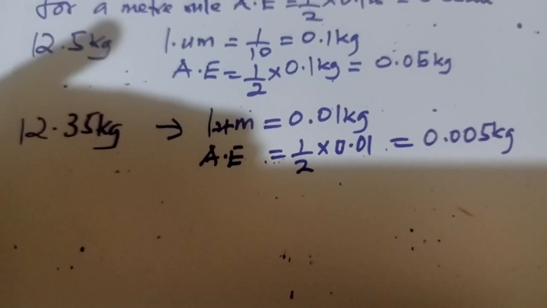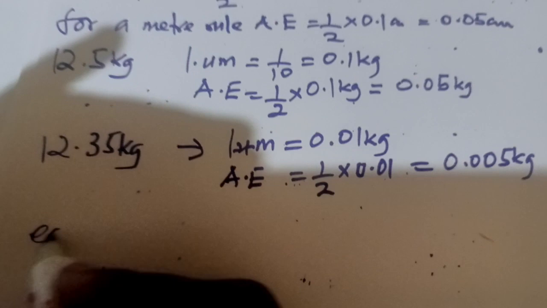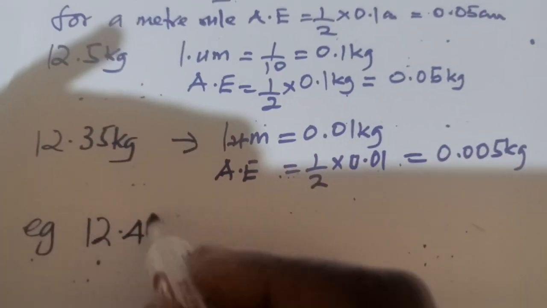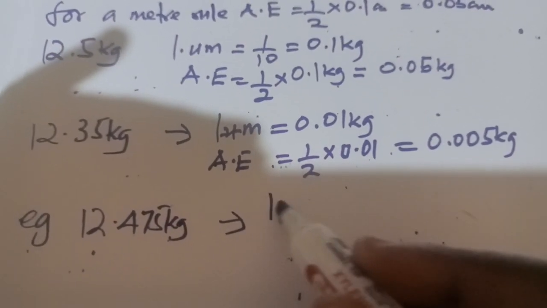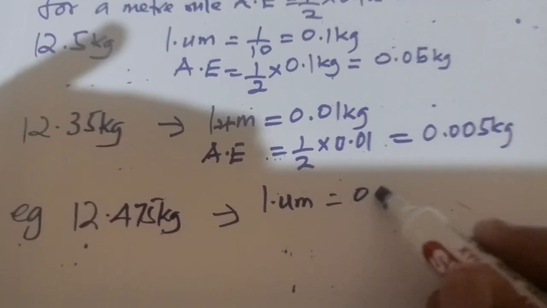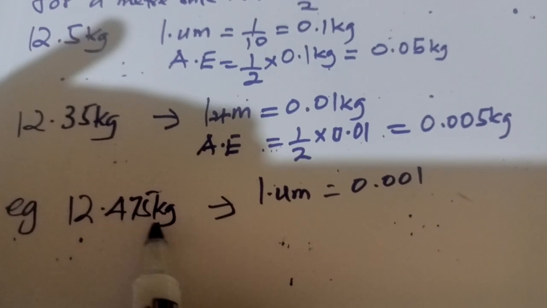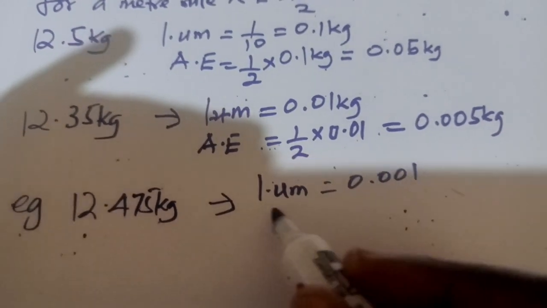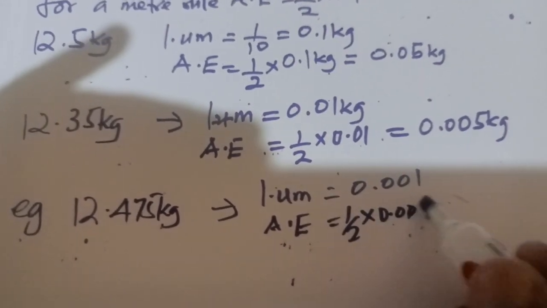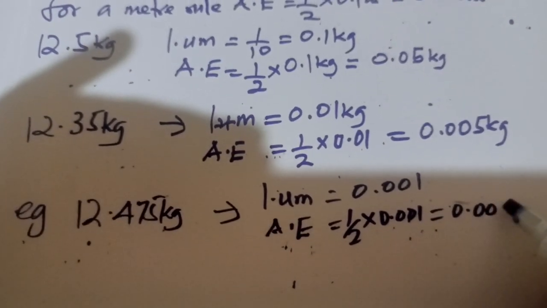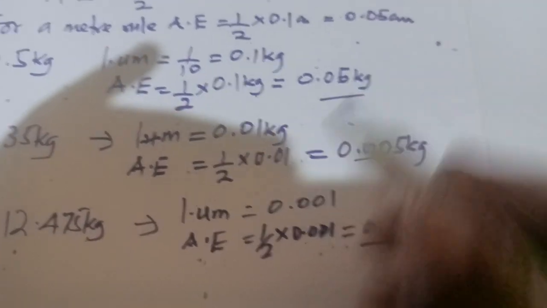It will be 0.001. For example, if we have 12.475 kilogram, we'll have our least unit of measurement being 0.001, to the nearest thousandth, and therefore the absolute error in this case will be a half of 0.001, which is 0.0005 kilogram. These are the absolute errors.